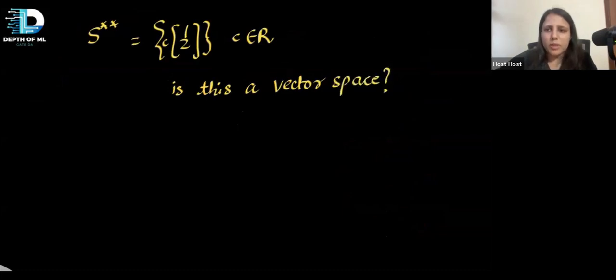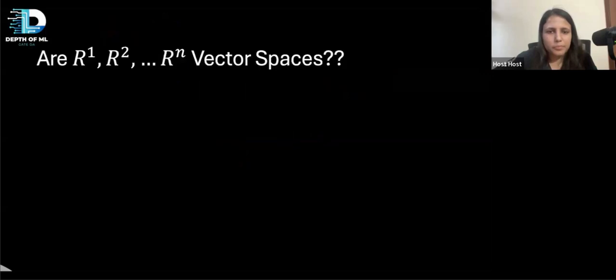So is this a vector space? And you guys said yes, right? Because additive properties and multiplicative properties we will assume that it always holds. We can see that C of like any multiple of 1 and 2 will belong to this set. Fine. So are R1, R2, Rn vector spaces?